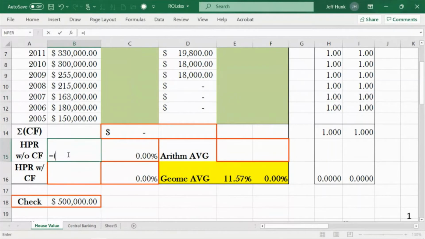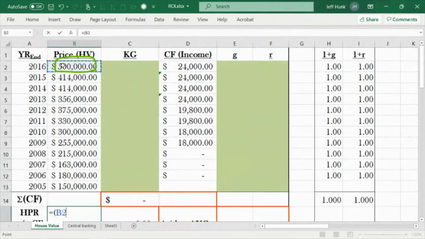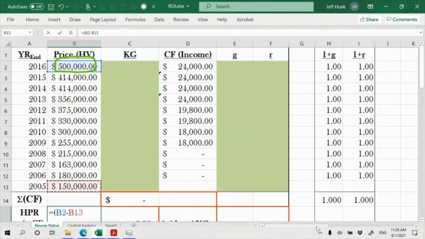It will be, remember, price at time t plus n, this is the price at time t plus n, minus price at time t, right? Divided by price at time t.